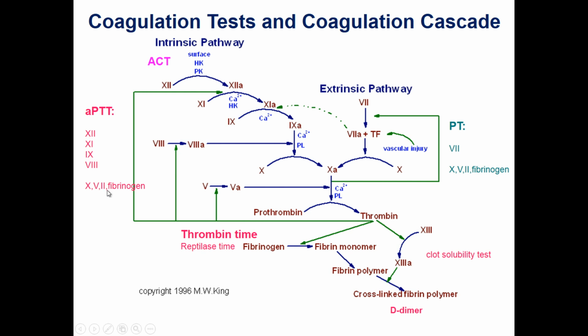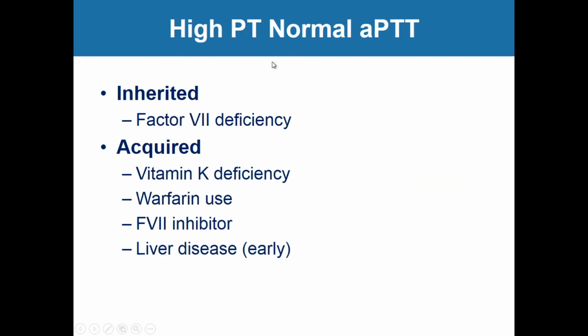For the common pathway factors, again, 10, 5, 2, and fibrinogen, both the PT and PTT can be elevated in the setting of abnormalities or deficiencies of these factors. The ACT, the activated clotting time, is a whole blood clotting assay that basically looks at how long it takes for this entire process, plus platelets, plus red cells, plus white cells, to clot in the test tube.